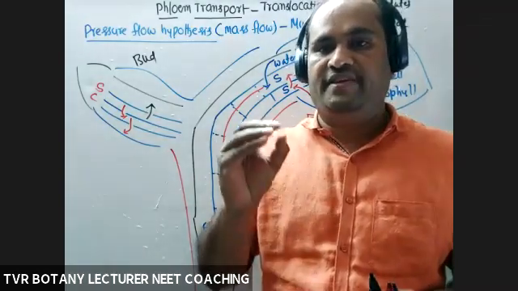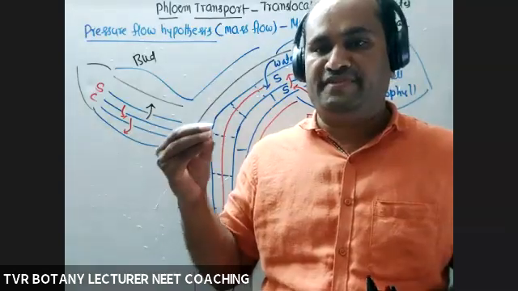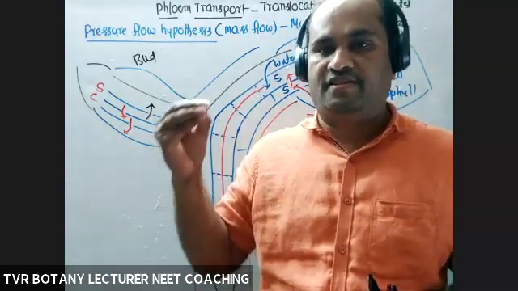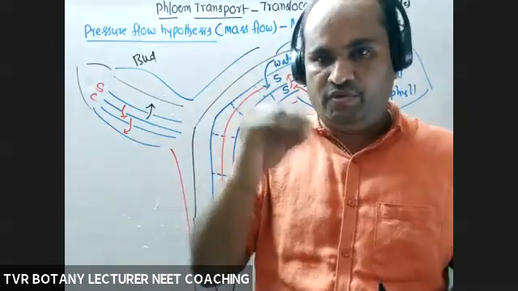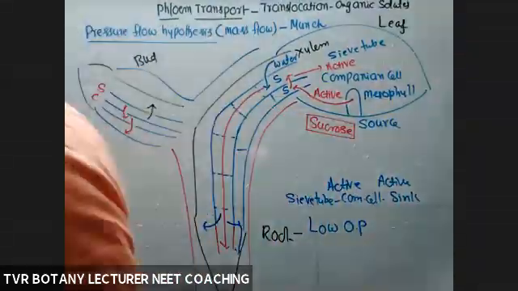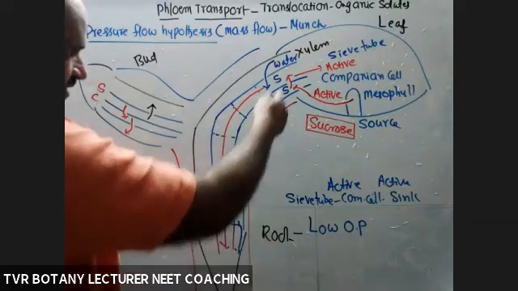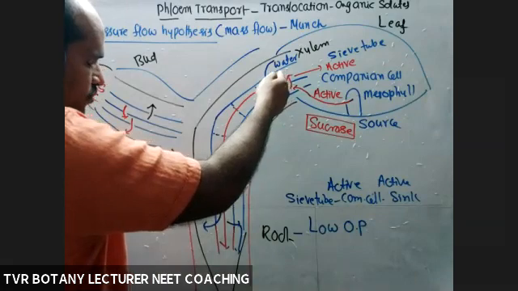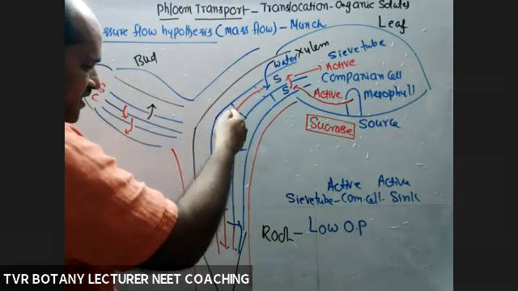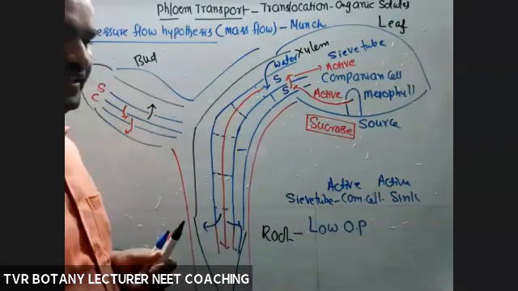Water potential value is very less. Now water from xylem vessels or tracheids is transported into the sieve tube. Because of that, a positive hydrostatic pressure, osmotic pressure, is created. Because of that, it is able to drive that sucrose along with water and other materials to the sink part, where a low osmotic pressure is present.